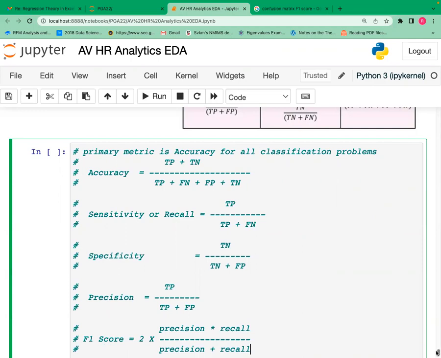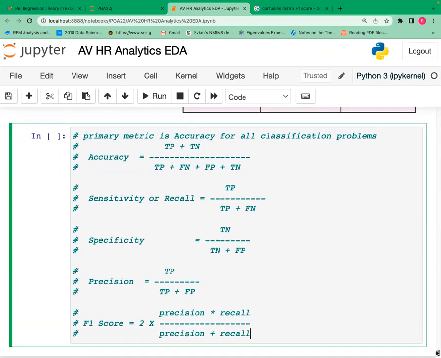So these are the various formulas in the confusion matrix, but the primary metric is accuracy.